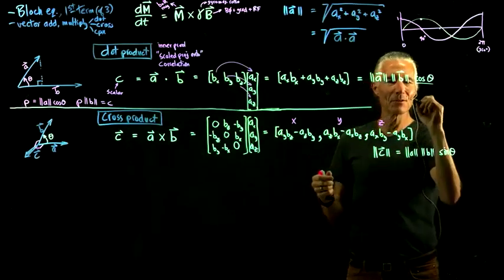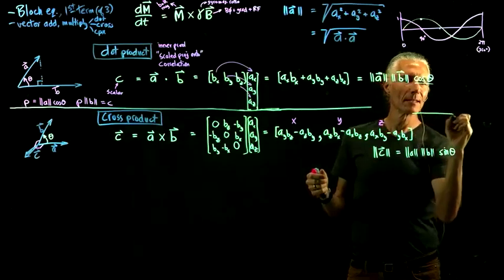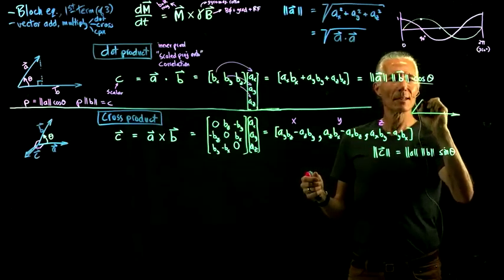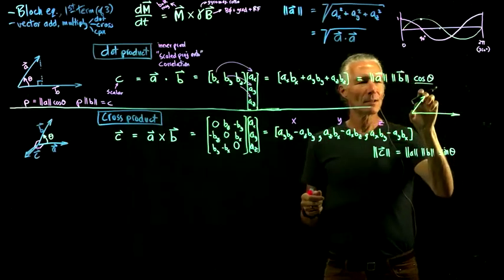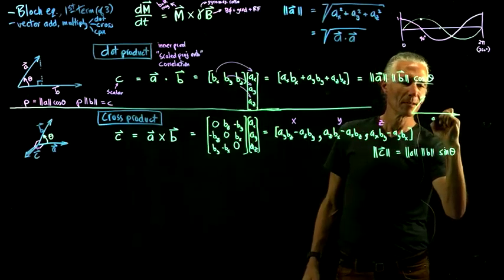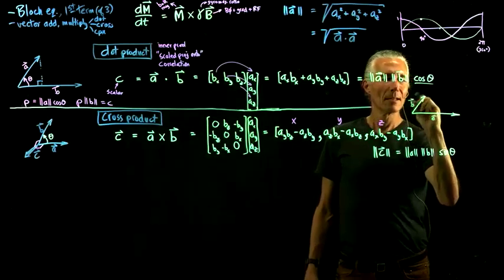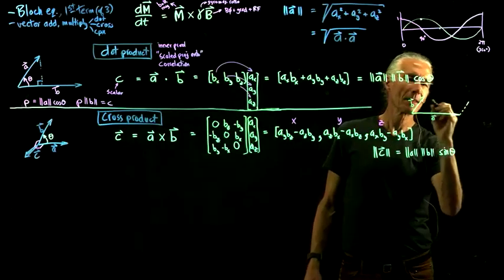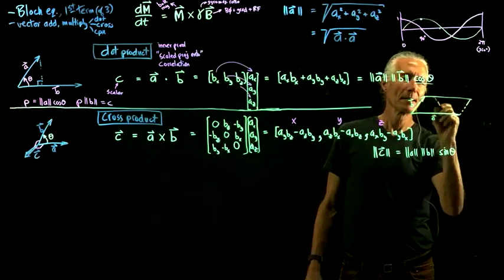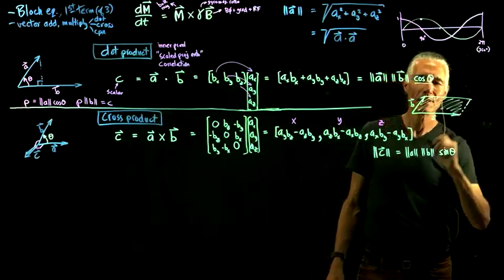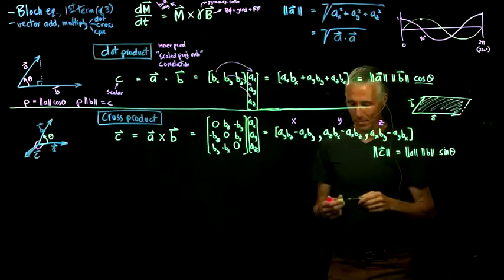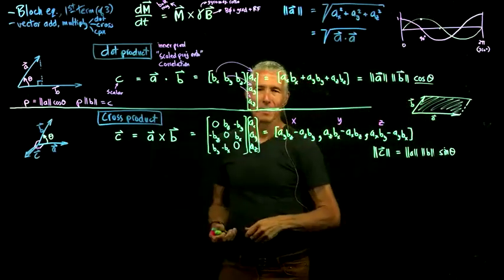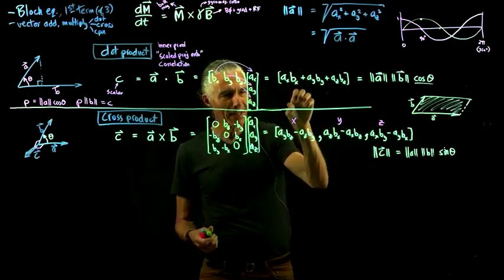If you've got a vector like this, and you have another vector like this, if we took that second vector and kind of swept it along the first one, that's actually what the cross product tells you. It tells you the actual area of that parallelogram. And so it's a different kind of thing than the dot product.